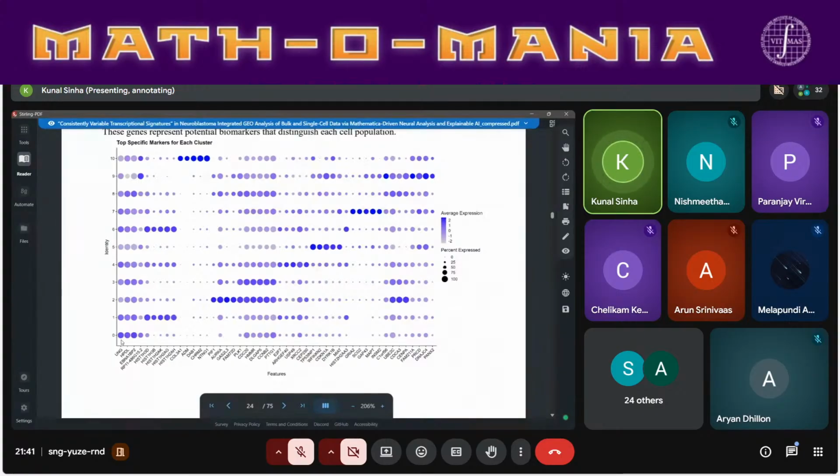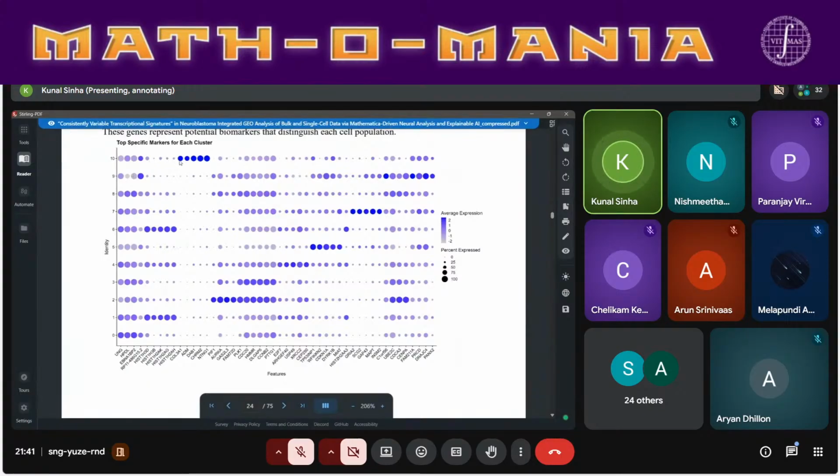You can easily identify it because in others it is not as highly expressed. As you can see, the color is darker here compared to the others. That is why you can say, okay, it's type 0 cell, or whatever the name is. So this is basically how you identify a cluster with a marker.